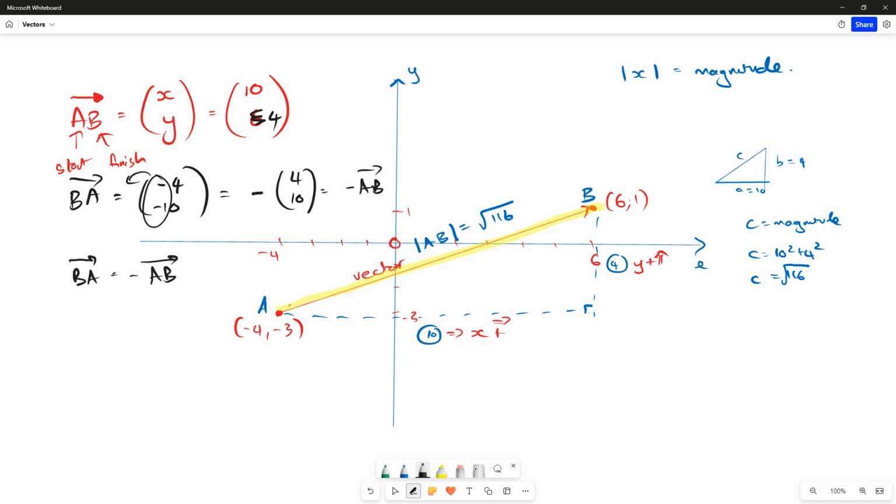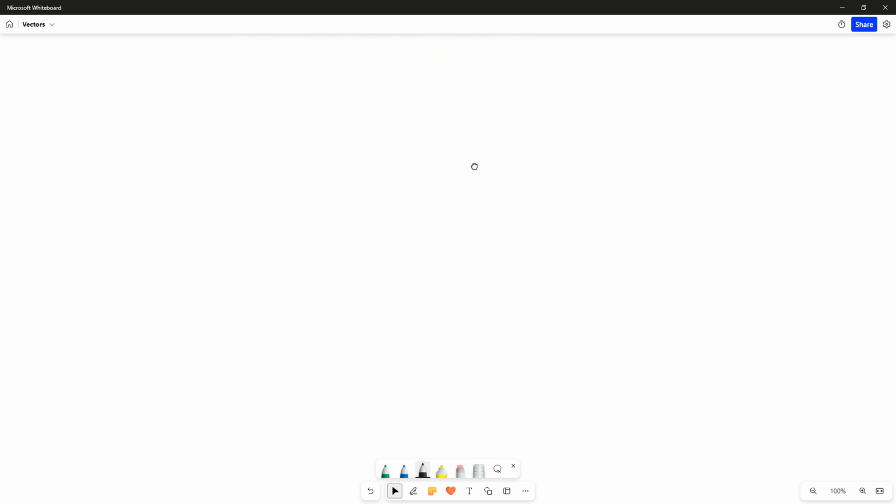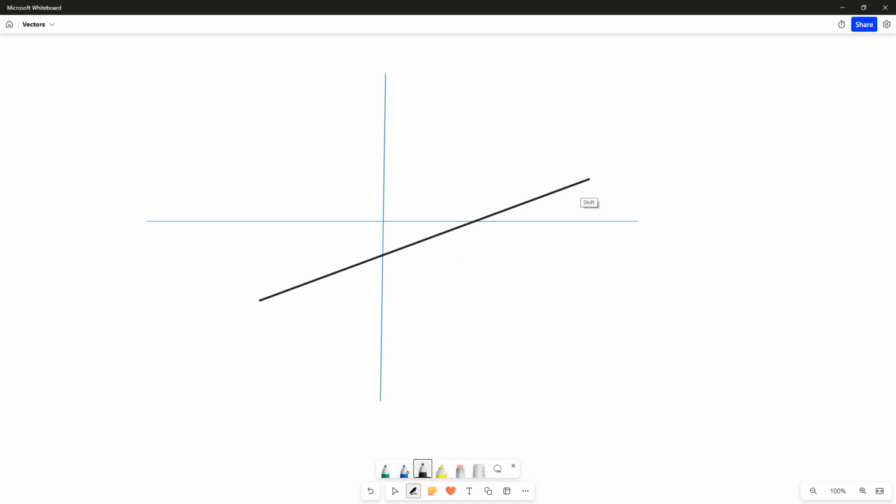Now, if I have this vector AB and I redraw it, let's say over here below, I'm going to draw another Cartesian plane and another vector. So I have vector AB over here.